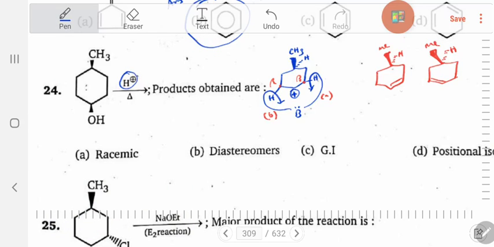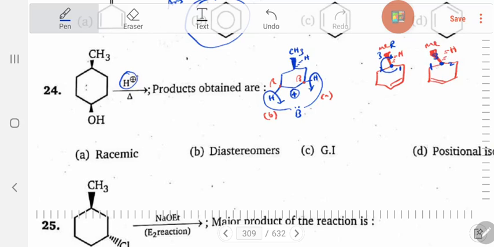How can I confirm both are mirror images of each other? If I see the chiral center, this carbon is chiral, right? Now if I check priority order, this is 1, this is 2, this is 3. Least priority group is away from the viewer. So this is clockwise. Clockwise means R configuration. Now in this case, this is 1, this is 2, this is 3.